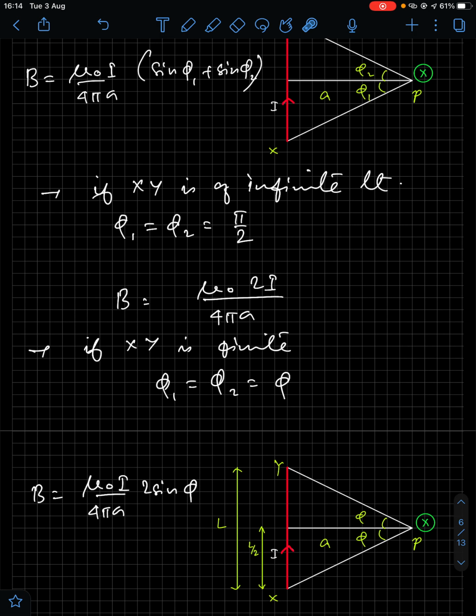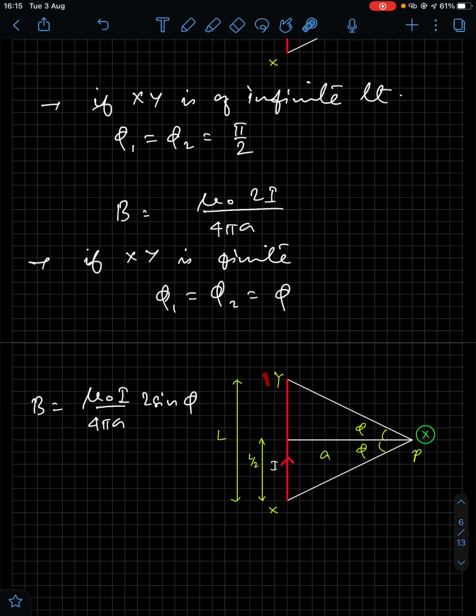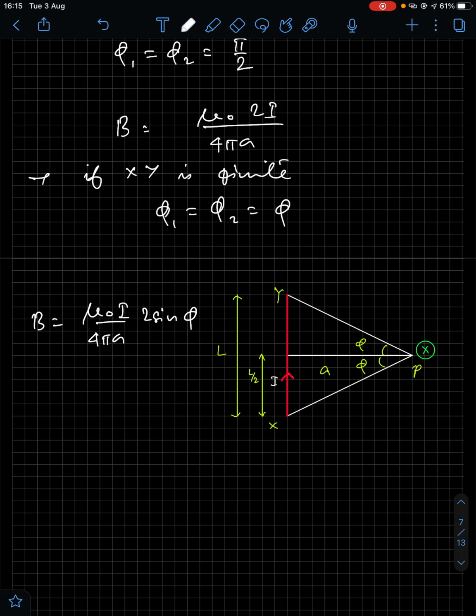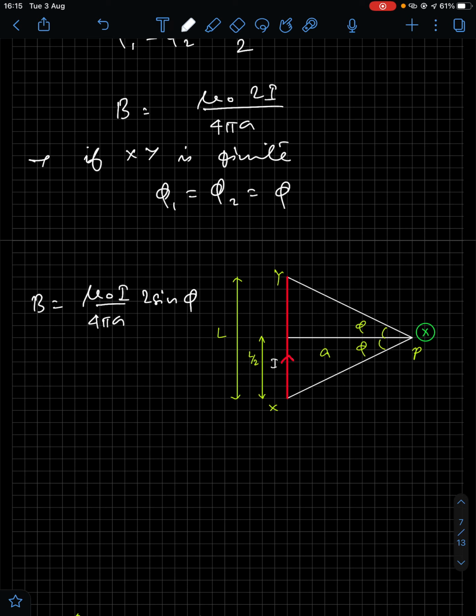The only change from the previous diagram is that these angles are equal to phi, and you are considering the finite length to be L. In such a case, this part will be L by 2 and this part will be L by 2, as A is the perpendicular bisector. So you have this as L by 2 and this as A. What will be the length of the hypotenuse?